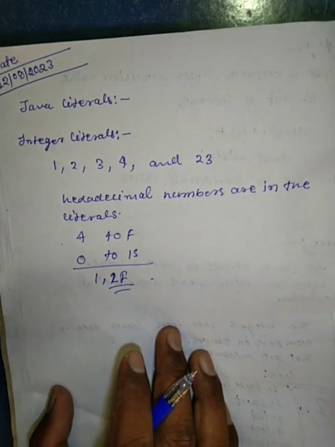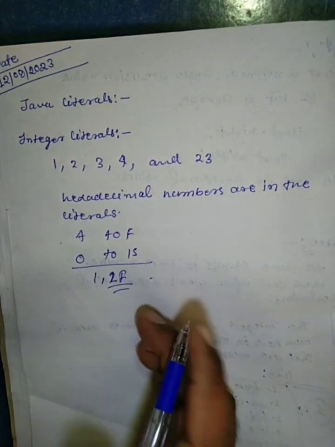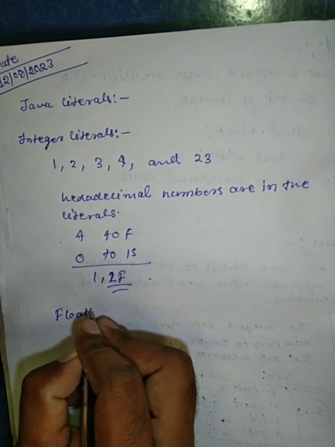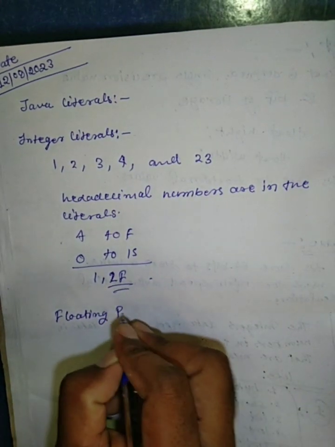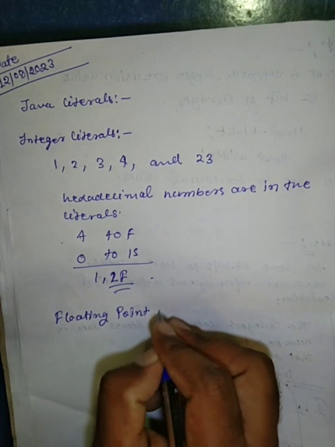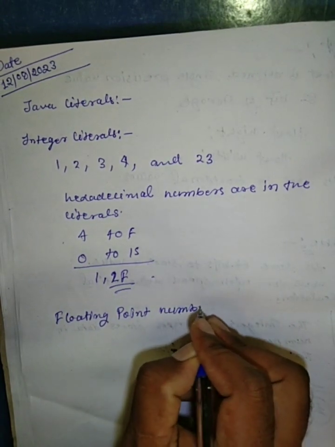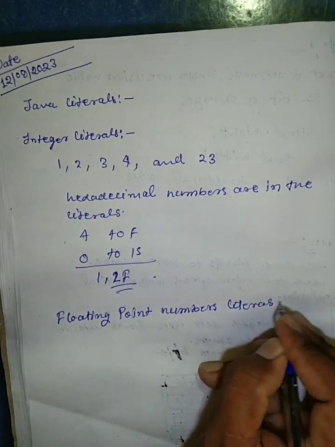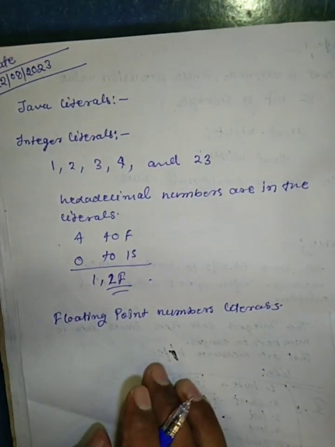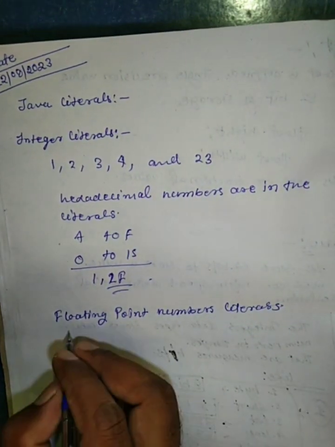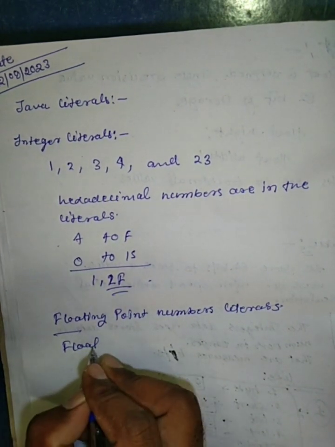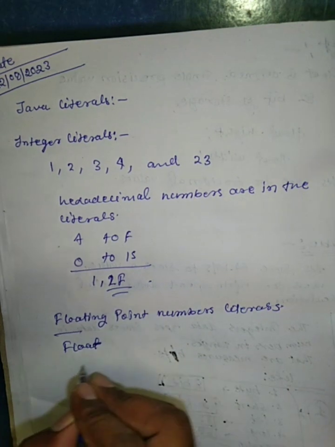Let's understand the floating point number literals. Floating point numbers are categorized into float and double.